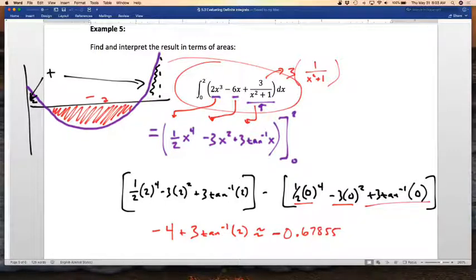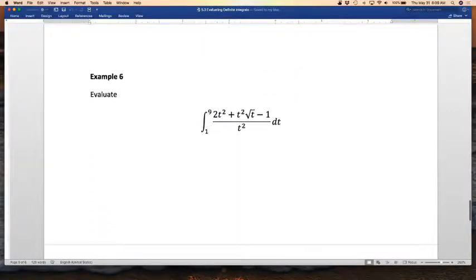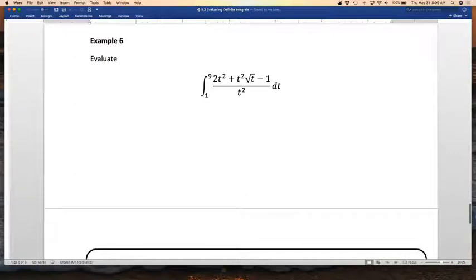Okay. Let's take a look at example 6 and just apply some strategies for taking the antiderivative here. Now, when you get into Calc 2, you begin to learn some strategies for some real complicated antiderivatives, such as U substitution. What's the other word?